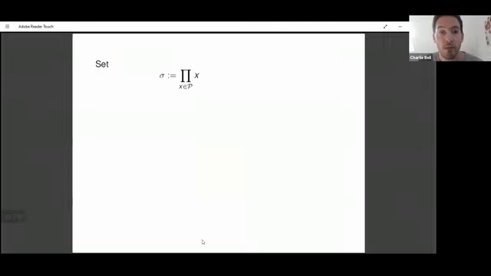So now set sigma to be the product of all the variables, so all the perfect matchings. And this will be the eta bar image of any unit cycle, just by the definition of perfect matching. A perfect matching is a set of arrows such that each arrow is contained in precisely one unit cycle. So from that, it follows that the eta bar image of any unit cycle will be the product of all the variables.